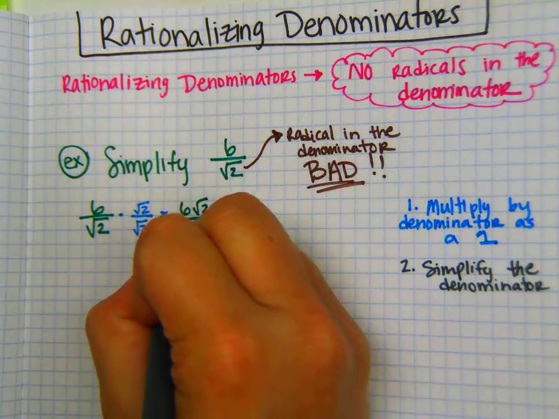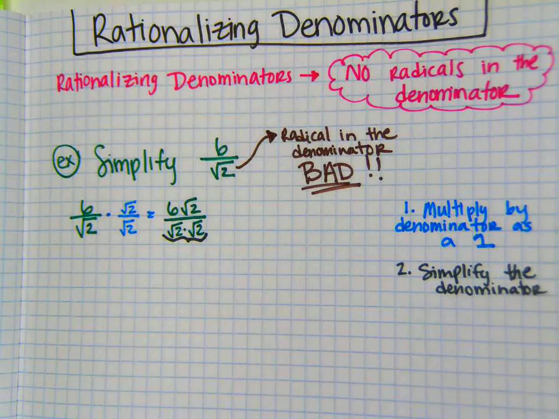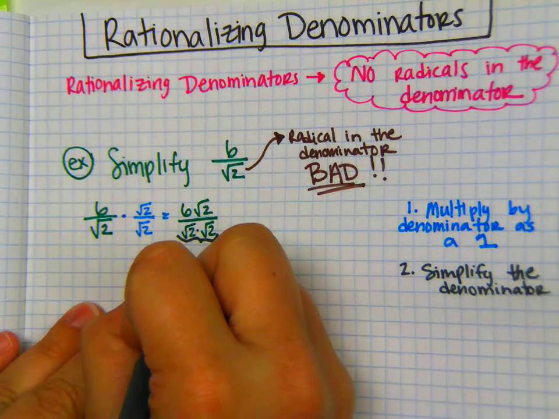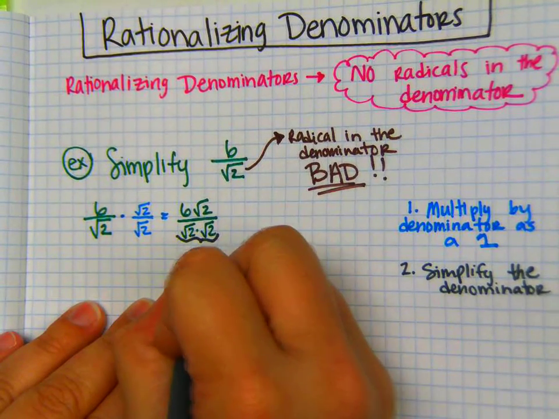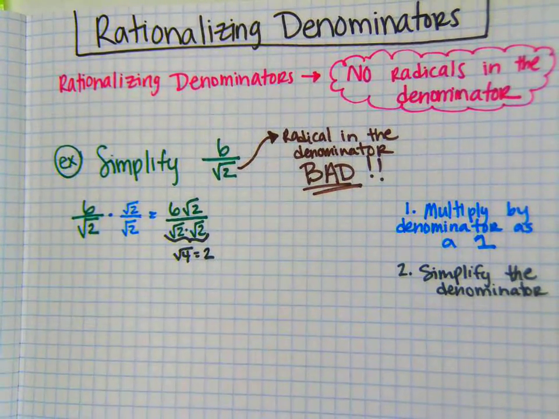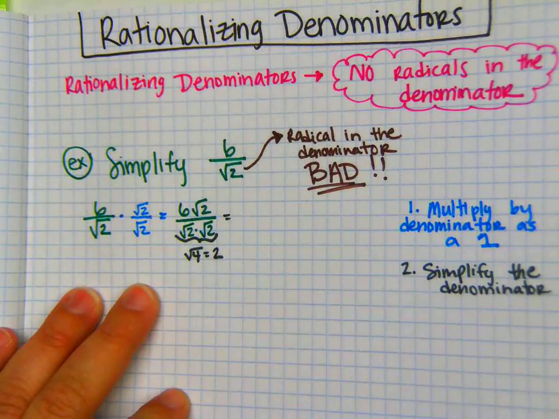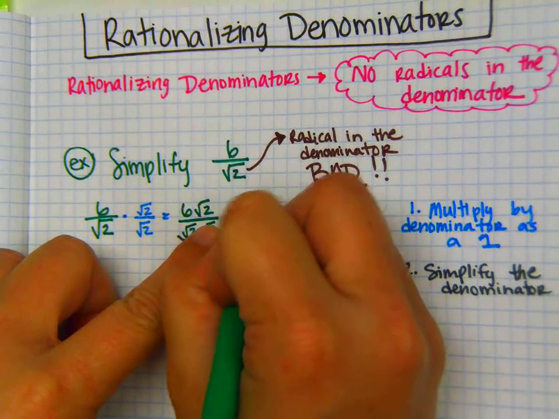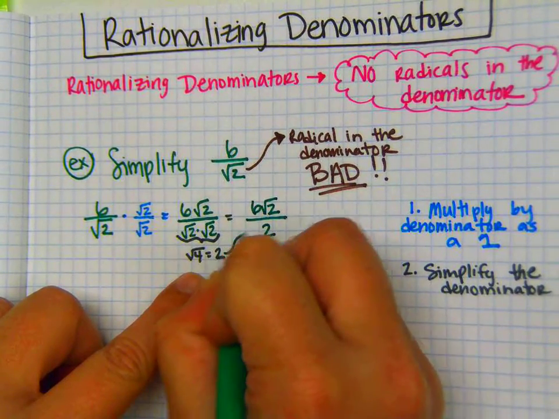From what we learned last unit, root 2 times root 2 is actually root 4. We know the square root of 4 is 2. So that denominator is now just 2. That's going to give us the same numerator, 6 root 2 over, and we bring this 2 right there.